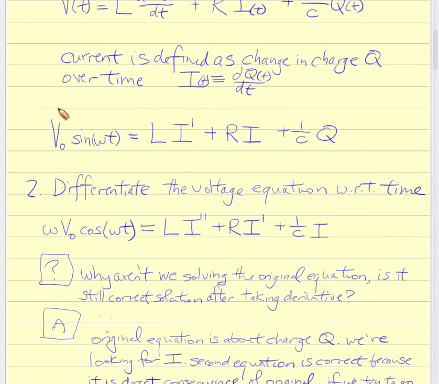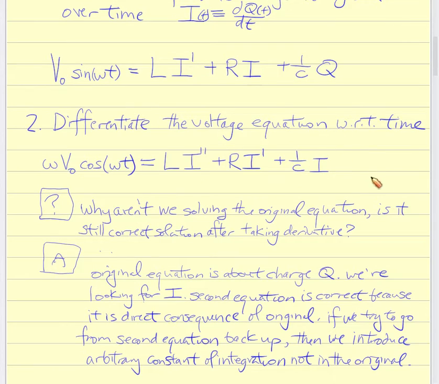Rewriting the Kirchhoff's voltage equation, we've substituted in V of t, the voltage, as a time-dependent sine function. This is just simplifying notation, dropping the t's in the I of t's and q of t's, and using the prime notation for time derivative. The second major thing we're going to do is differentiate the entire equation with respect to time.